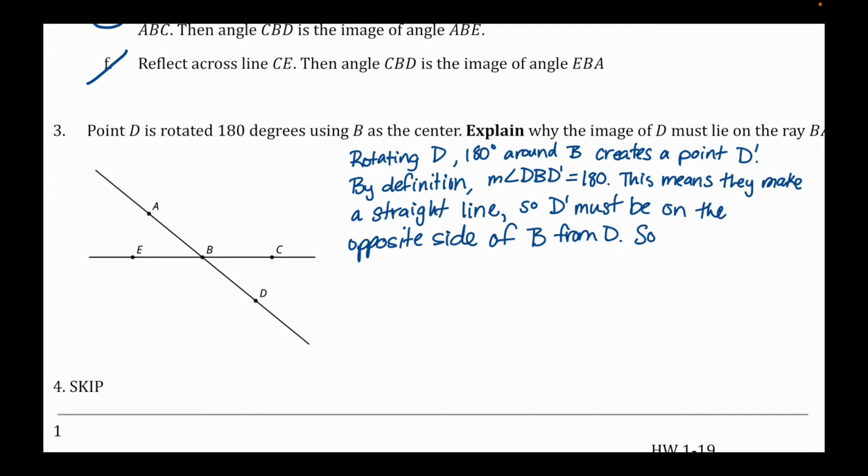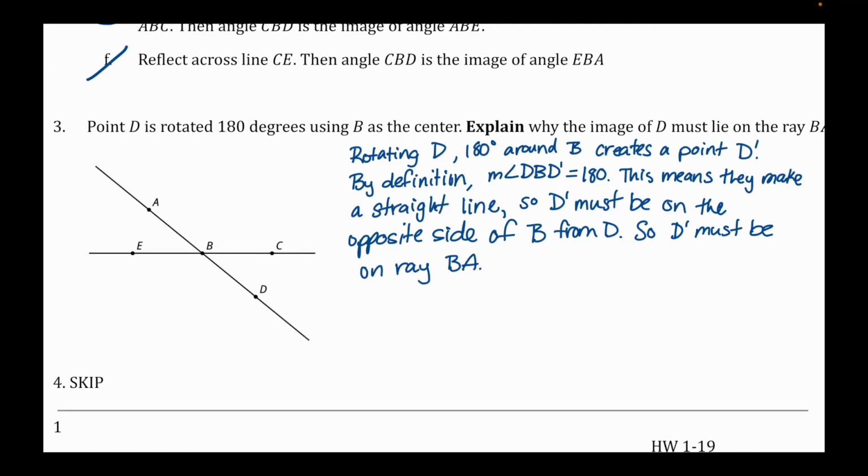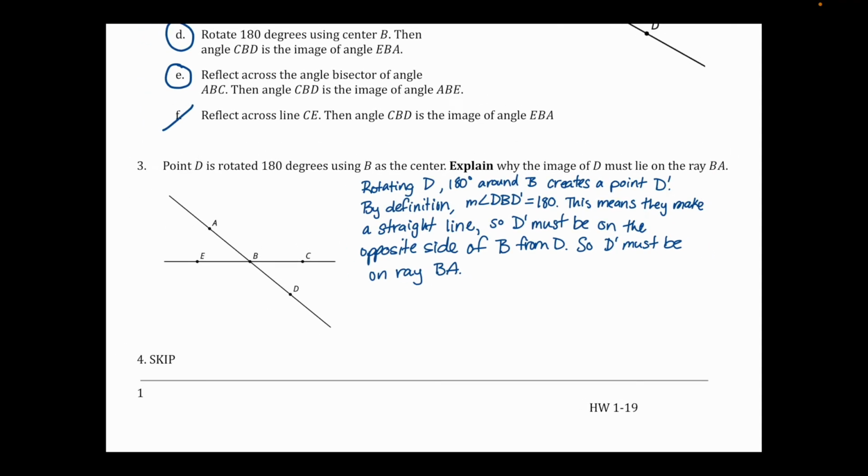So D prime must be on ray BA. That is the way that we would write that out. So yeah, that is our written explanation for question 3.